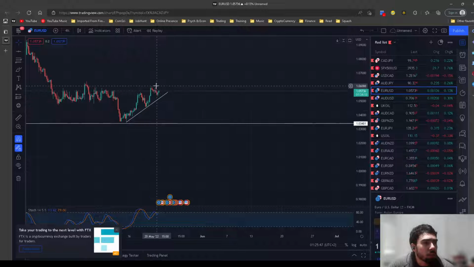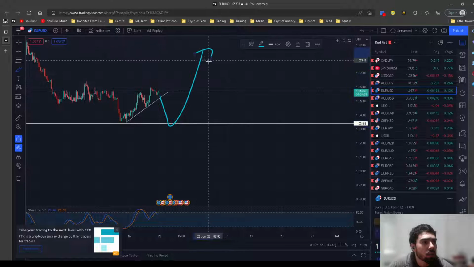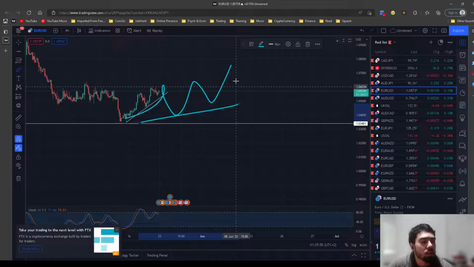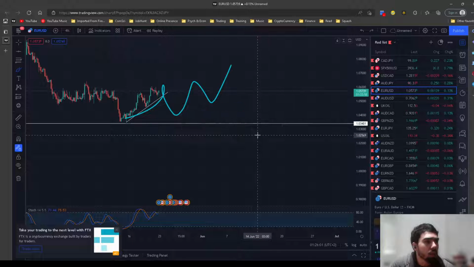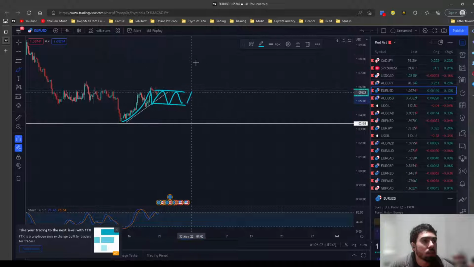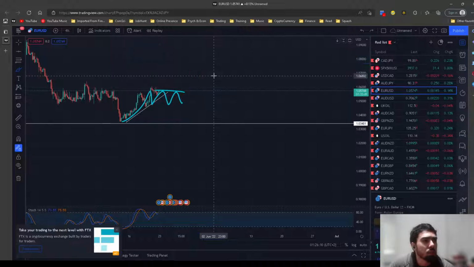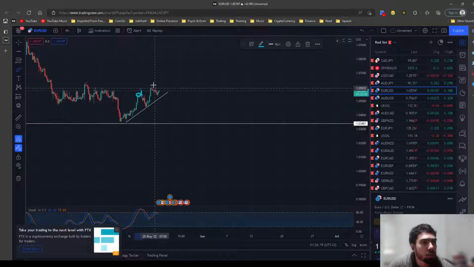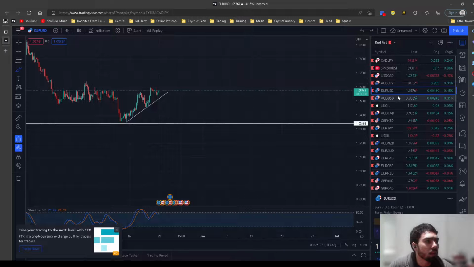Either this is some type of correction and will come down to break this low before reversing up, or we could be looking at some type of correction like that for some more downside, or this is the start of the up move and we'll get some type of correction here for upside. So those are pretty much the options, and we're not really sure what's going to happen here yet. We've got some divergence between that eye and that eye, as you can see. So we're watching that to get a better idea of what's happening there.